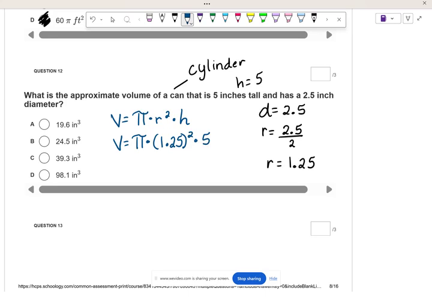So let's type this in Desmos and see what we get. Pi times 1.25 squared times 5 is equal to 24.5. They were measuring in inches. This is volume, so that would be inches cubed. And that would be multiple choice answer B.